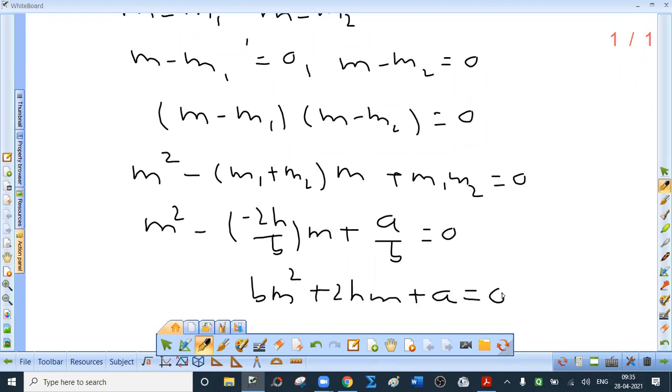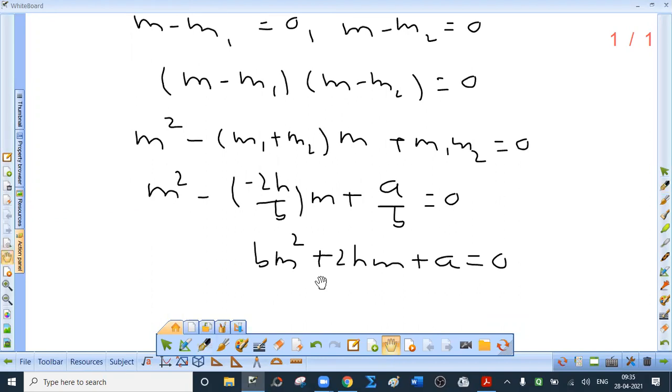Now remember, this equation is called the auxiliary equation. I will write that. This equation is called an auxiliary equation. And the roots of the auxiliary equation are the slopes of the two lines given by the joint equation. I hope you will be able to write the auxiliary equation just by observation.